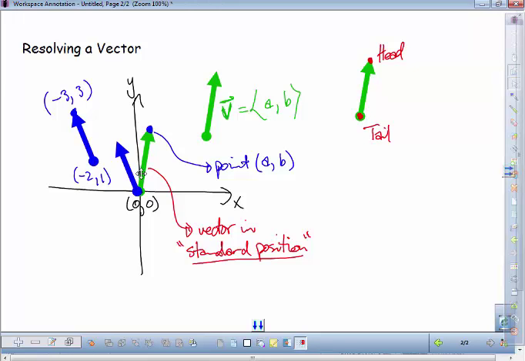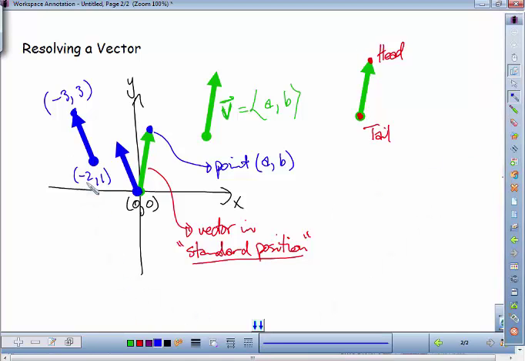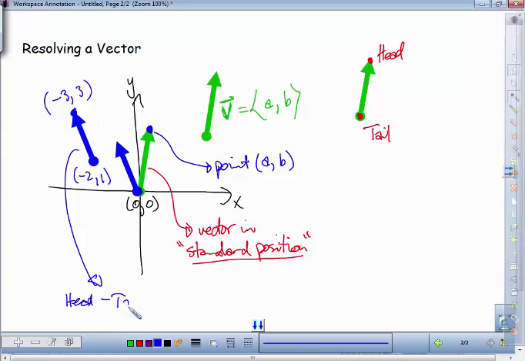So what did you do? You just subtracted, right? Yeah. So basically, what we want to do to resolve the vector is subtract the points, head minus the tail. We can think about the head as -3, 3. The tail would be -2, 1.